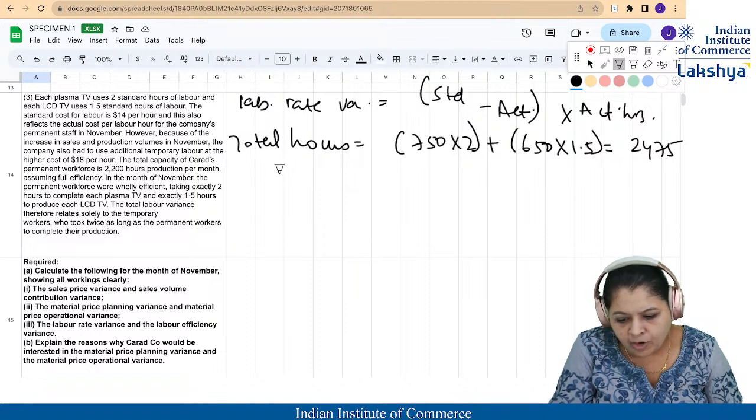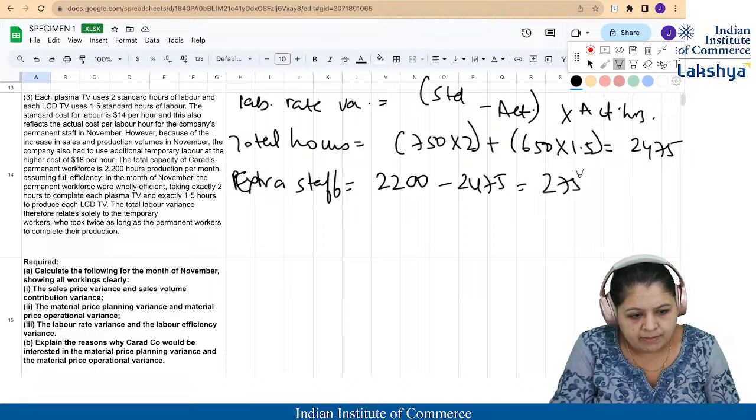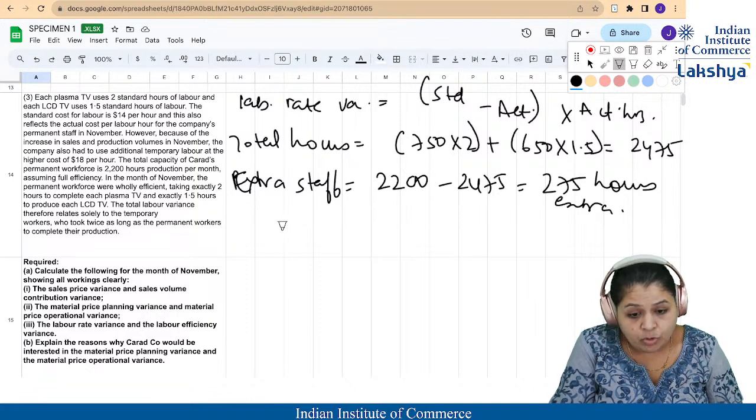Now what next? You need to find how many permanent staff you have. So extra staff actually. Extra staff, how much do you require? You already have 2200 and you need 2475. So you need 275 hours extra, which is going to be coming from your temporary staff, right? And this temporary staff took twice the time.